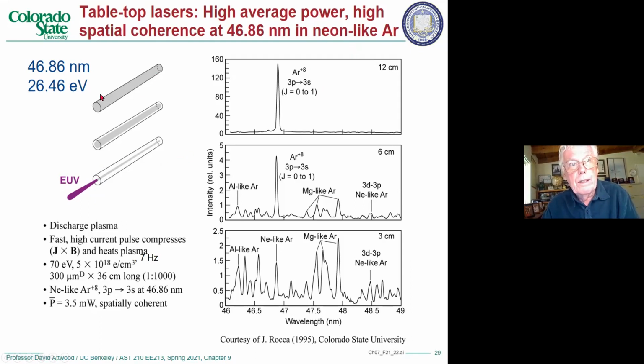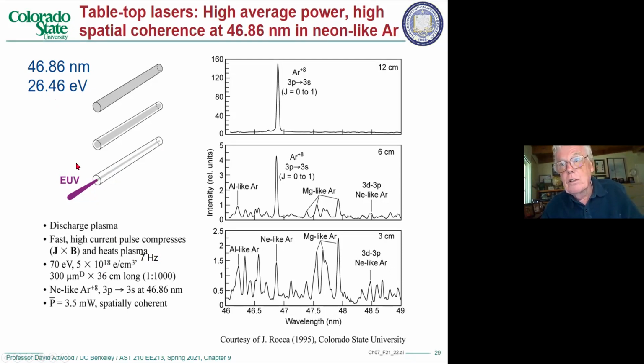You start with a plasma formed by an electrical discharge, and the current is so strong that it creates a magnetic field surrounding it, and the magnetic field compresses the plasma. When it does, the density and temperature both go way up and reach lasing conditions, and out comes radiation at this photon energy.